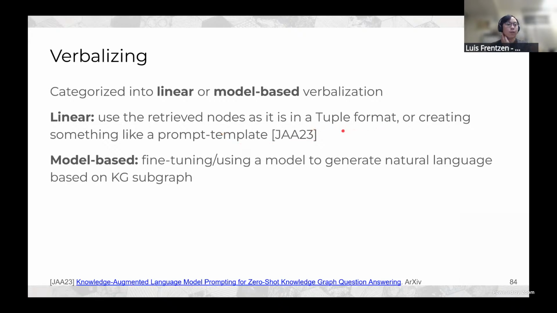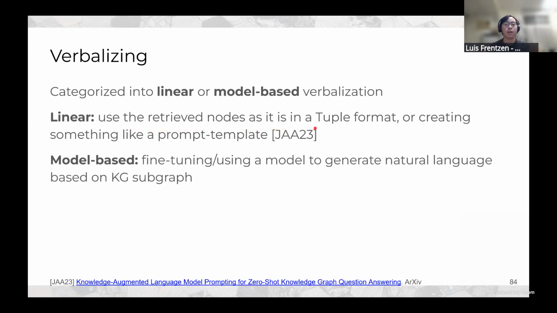Basically, there are two types of approaches. One is linear. We use linear transformations or very simple transformations in order to make that KG easily representable in tokens.